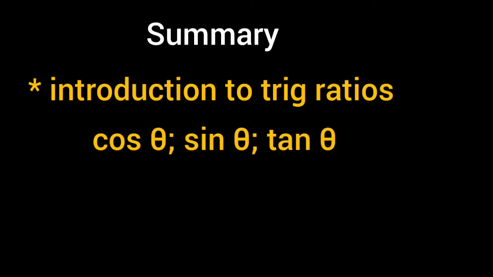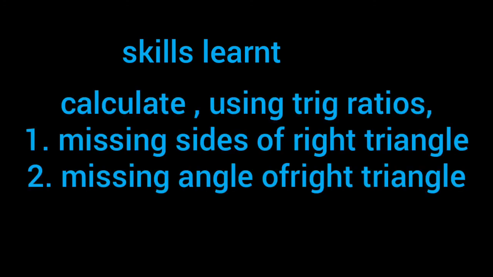So that's it, guys. We've introduced the trigonometric ratios: the sine function, the cosine function, and the tangent function. We've also looked at the inverse of those functions. In the case where we want to work out the unknown angle, we have used arc tan, arc sine, and arc cos, which simply means the inverse of that function.